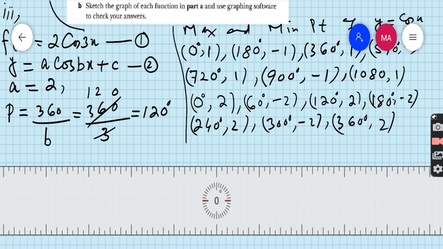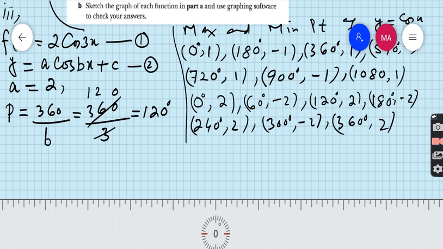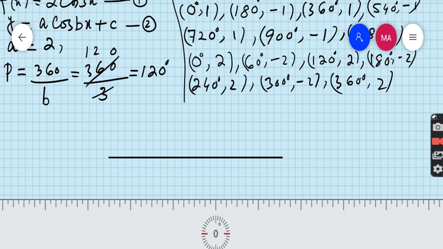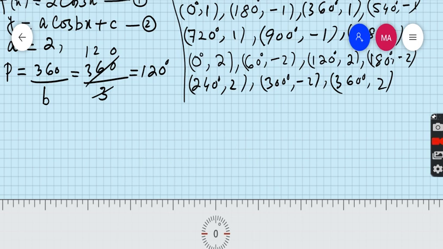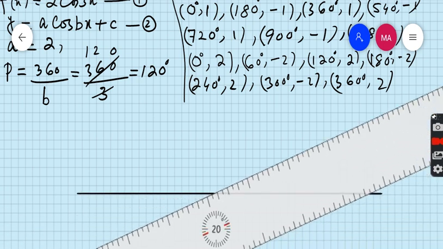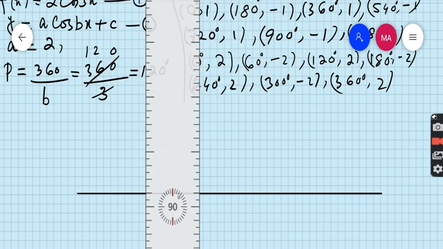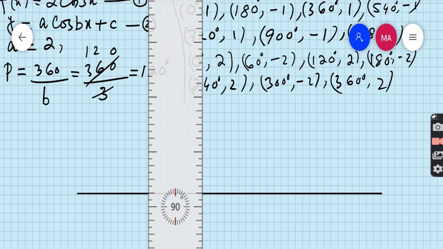So first we have to draw our x and y axis. This is x-axis. This is y-axis.